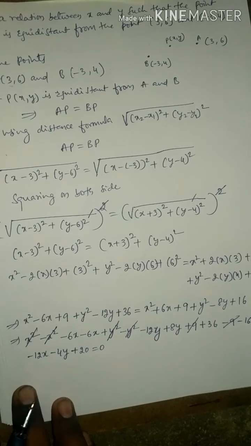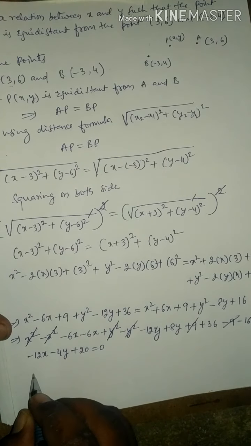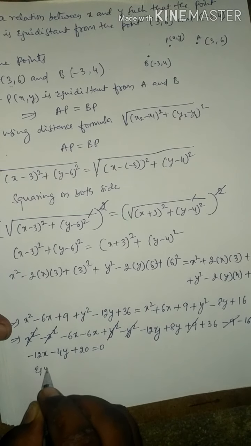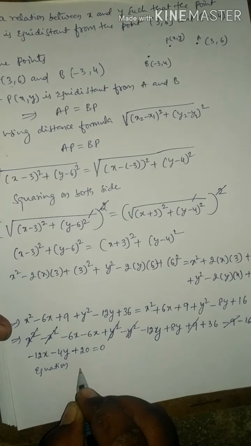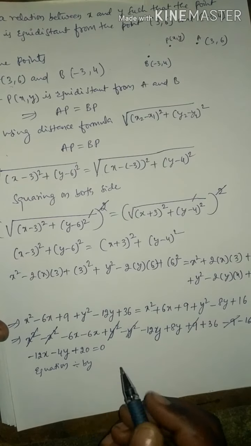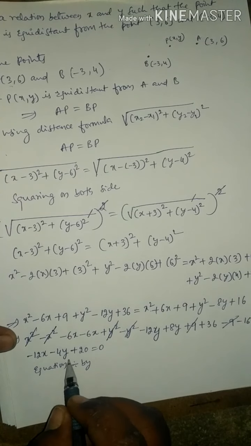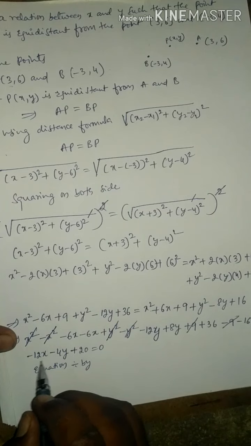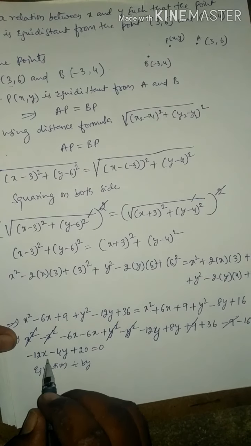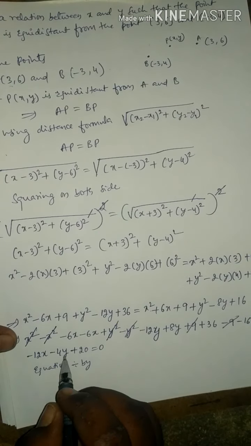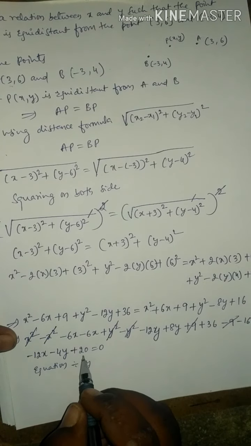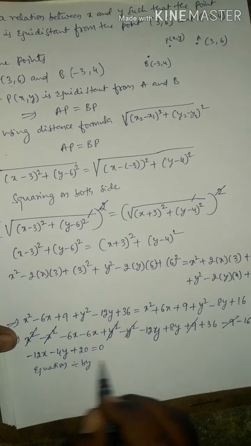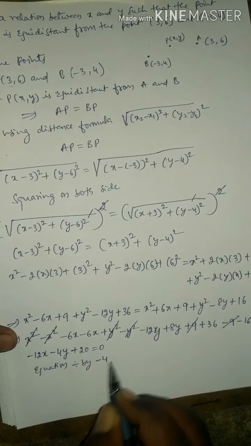Now to simplify further, the entire equation is divided by, since the x and y terms are negative, we divide by minus 4, as both the coefficients of x and y are multiples of 4 and the constant is also a multiple of 4. So the entire equation will be divided by minus 4.